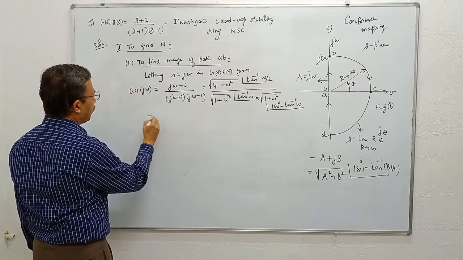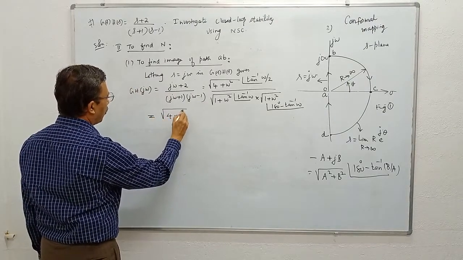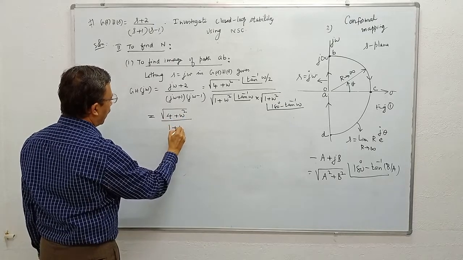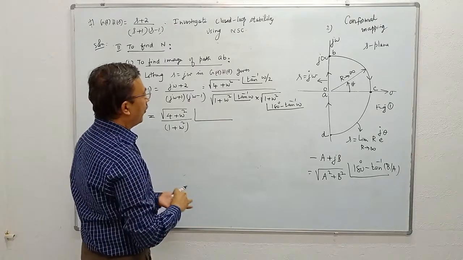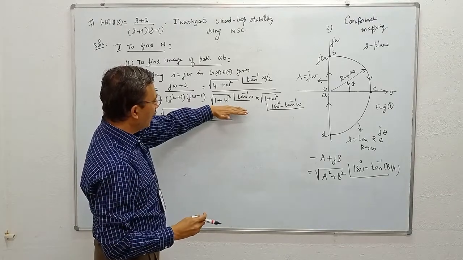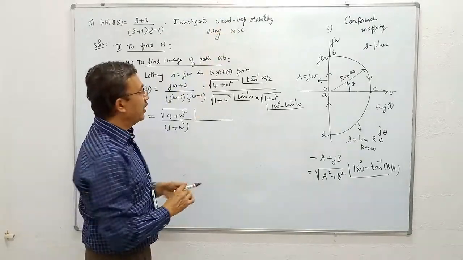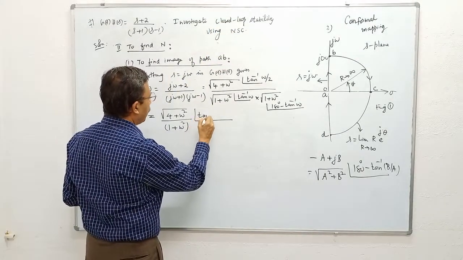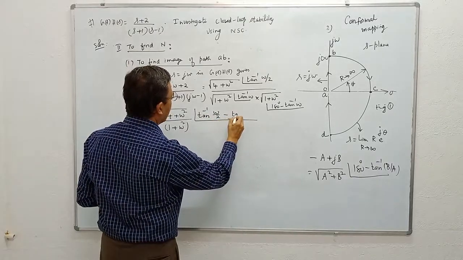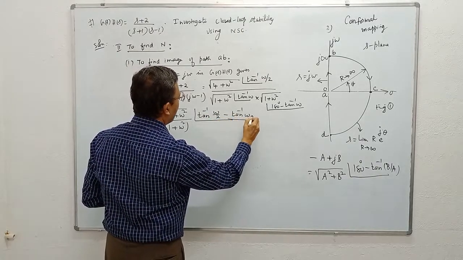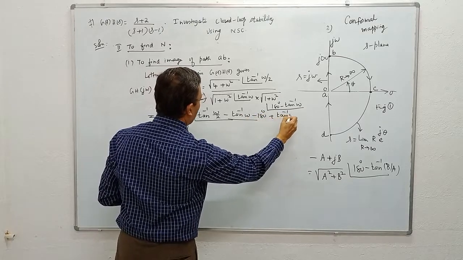Multiply the magnitudes. So you get magnitude root of 4 plus omega square divided by 1 plus omega square. Add the angles. When you transfer angles in the denominator to numerator, you have to put a minus sign. Tan inverse of omega by 2 minus tan inverse of omega minus 180 degrees plus tan inverse of omega.